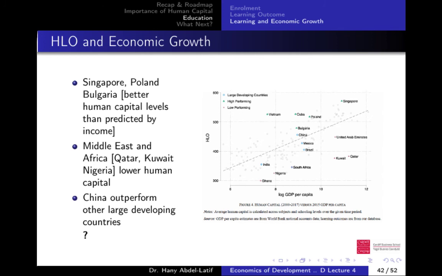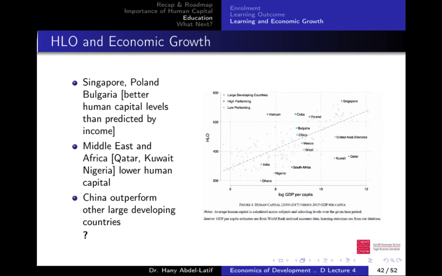Formerly or currently centrally planned economies like Cuba, Poland, Bulgaria do much better. So it could be, as you said, that they promote education, maybe. But it's not just enrollment, this is more about learning. So they're doing better in terms of the HLO.